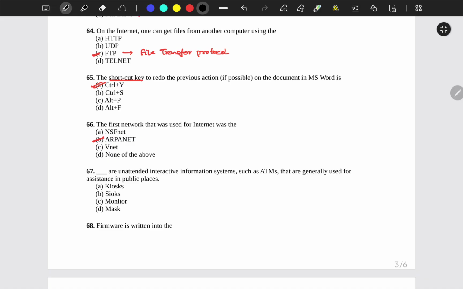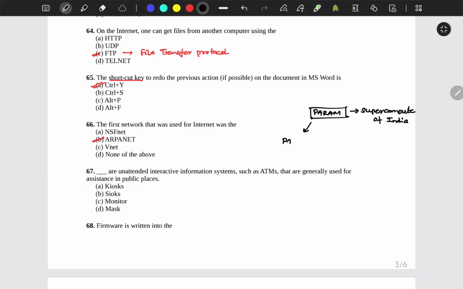Okay, supercomputers, they may ask which supercomputer we have in Sikkim, or in India, right? Param is a supercomputer of India. So, do we have any supercomputer in Sikkim?